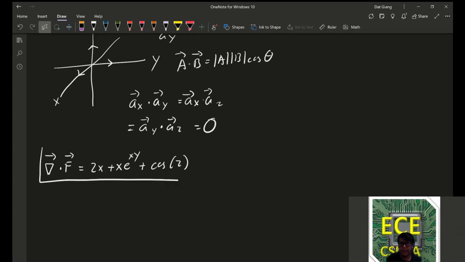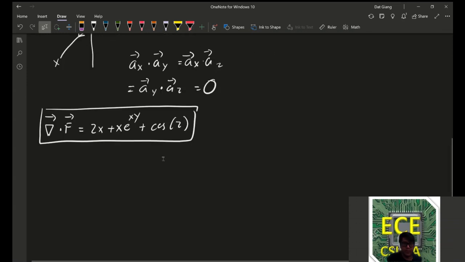And that gives us our divergence. Now, whether or not we can really say that this divergence is sourcing or sinking, we can't tell until we plug in a specific point.